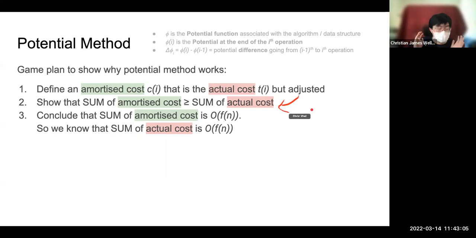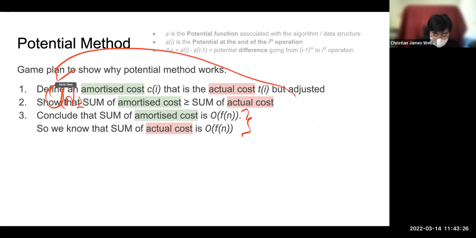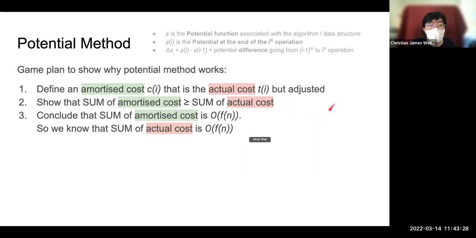I want the sum of amortized cost to be higher than the sum of actual cost. But for a single c_i versus a single t_i, we don't really know what their relation is. What we care about is that their sum must be greater than or equal to. So we can conclude the same thing as before: if this is O(n), then this is O(n) as well. Same as before. Let's see how we do it.